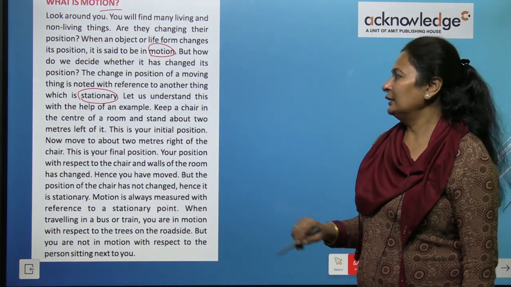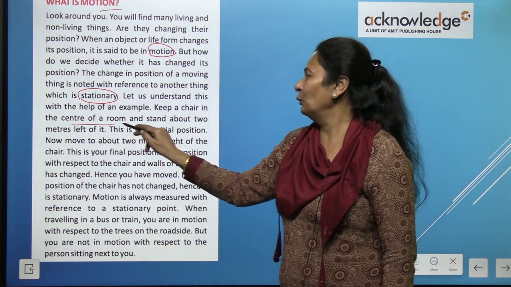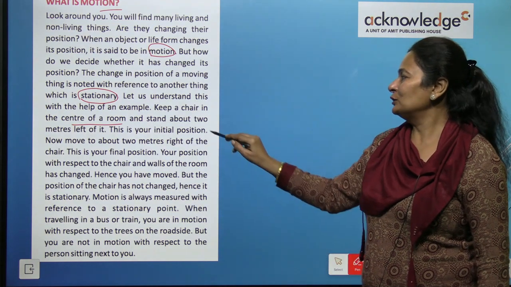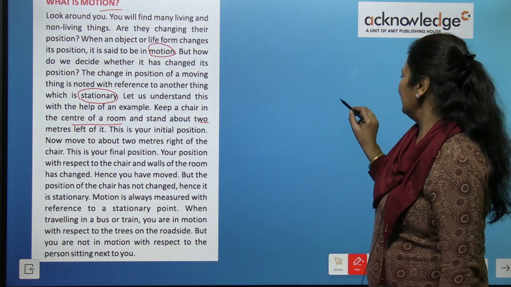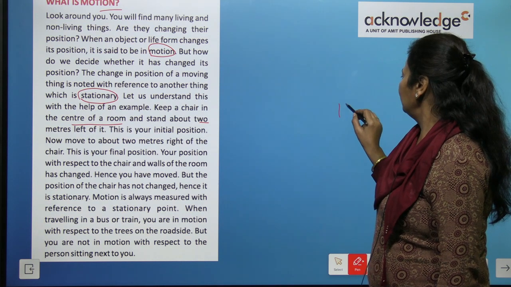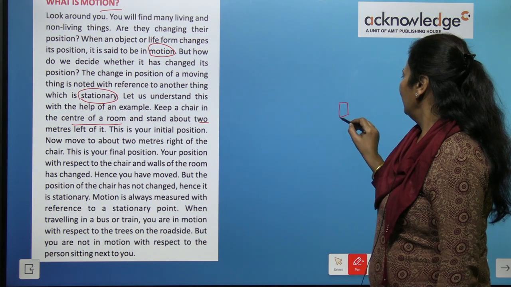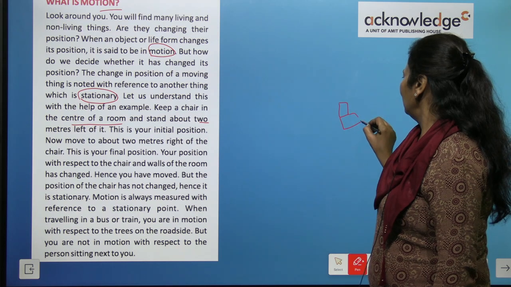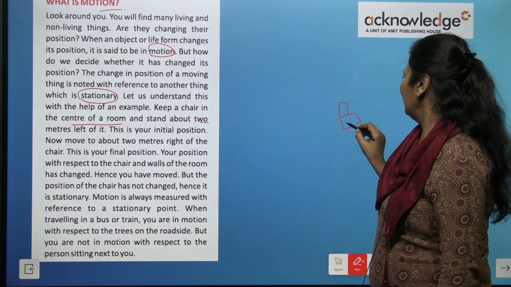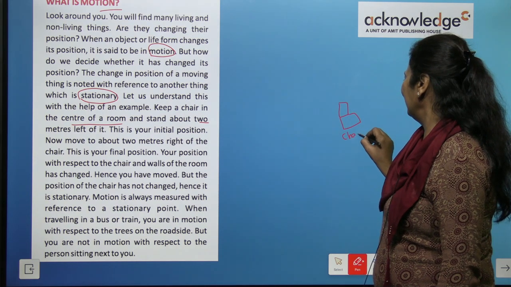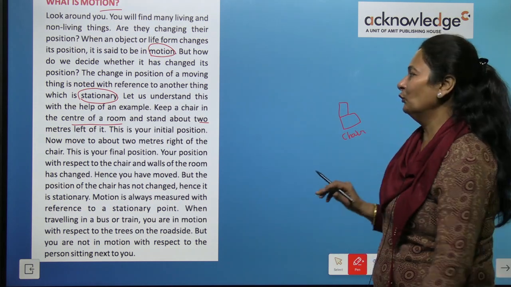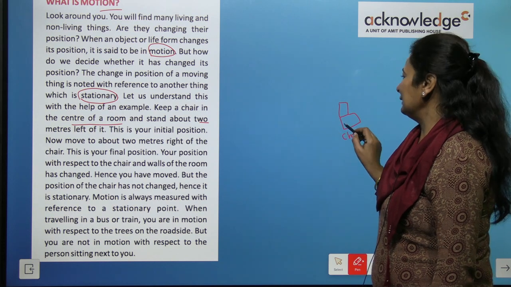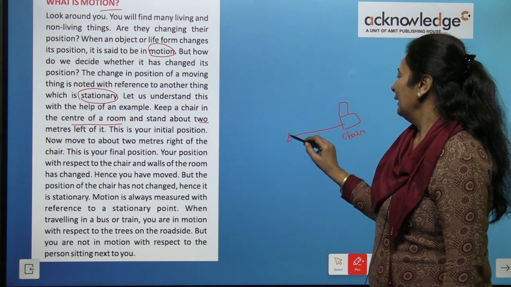Keep a chair in the center of a room and stand about 2 meters left of it. Let's see, it is the chair, right? I'm just drawing it. It is a chair in the center of the room and you stand just 2 meters left of it.